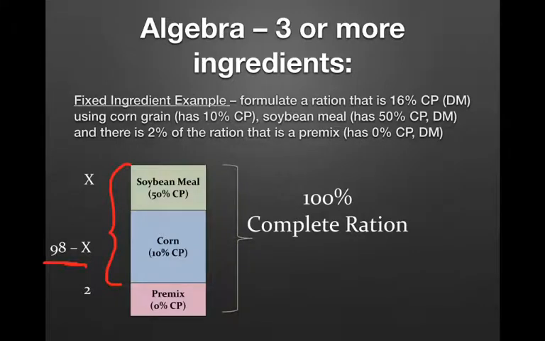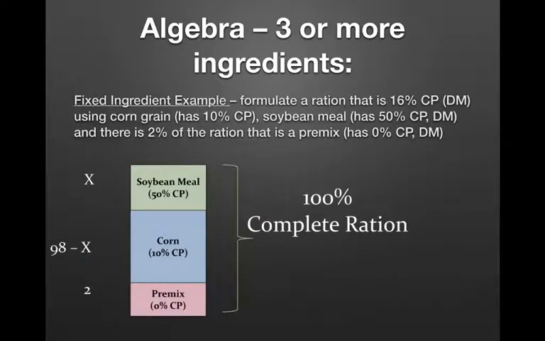We don't have 100% of the ration. We only have 98% of it to put our corn and soybean meal in because 2% of this ration is already occupied by this premix. So we're figuring out what our available space is in the ration to be able to solve for.